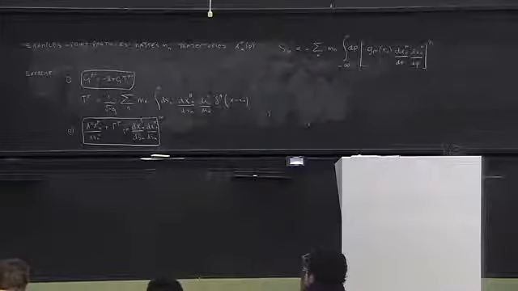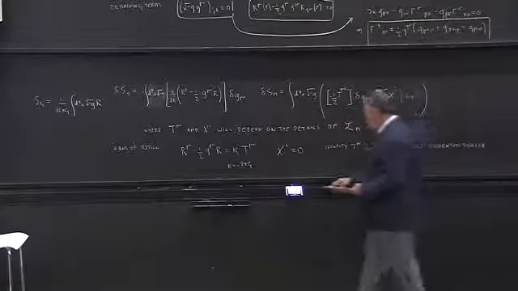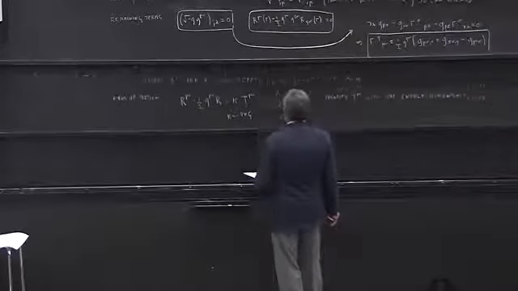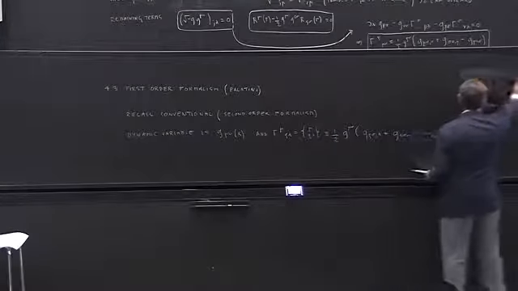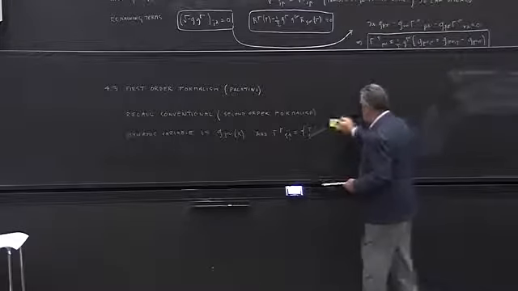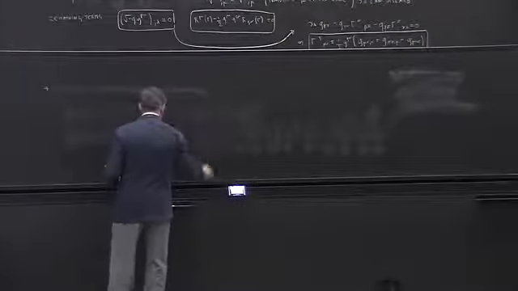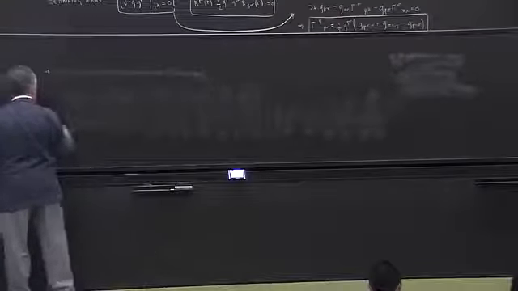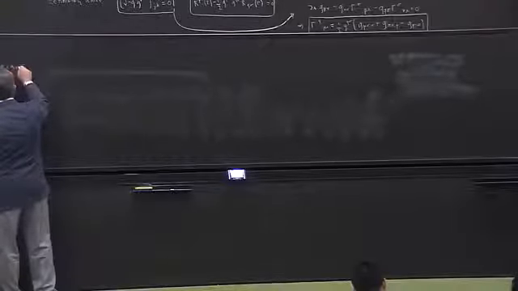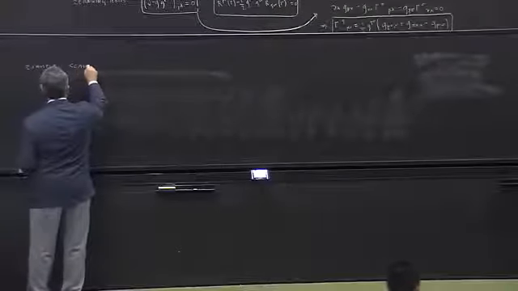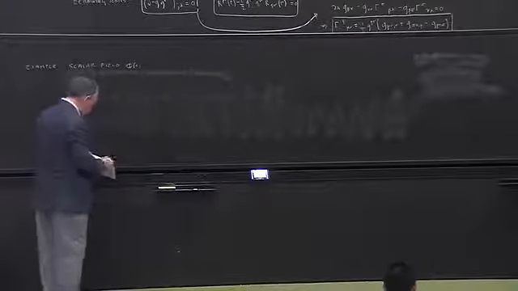So let's look at a second example. The simplest example is the scalar field. So it's a single scalar field which we call phi of x.